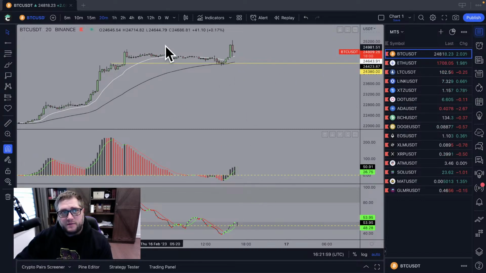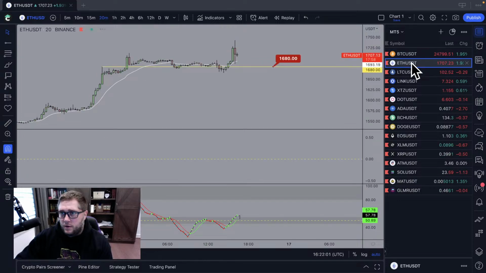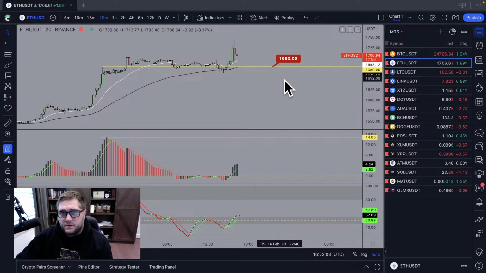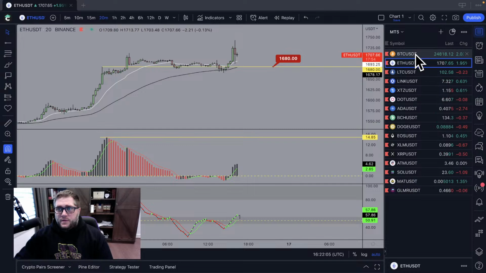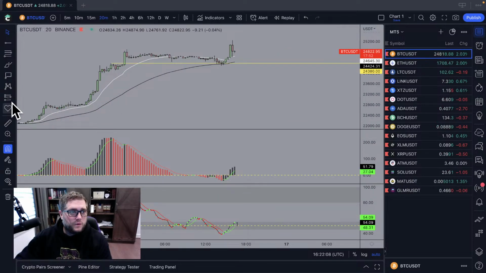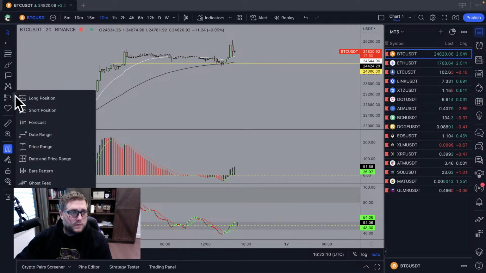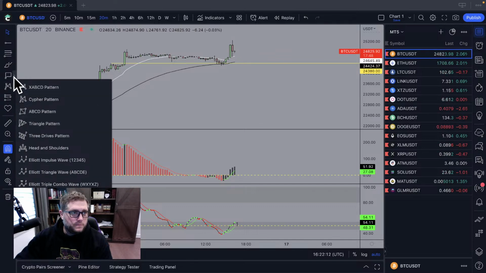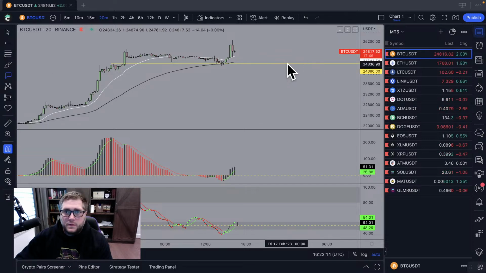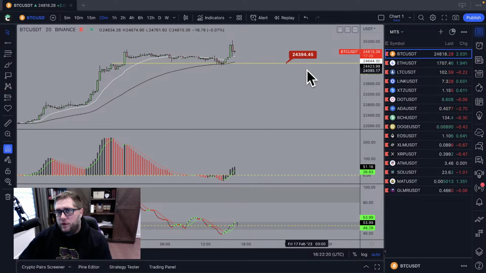See, right here we still have our divergence intact, and you can see. Let's mark this one. $24,400-ish or something like that.